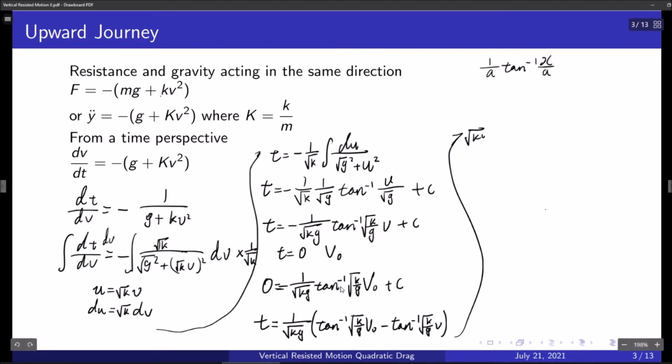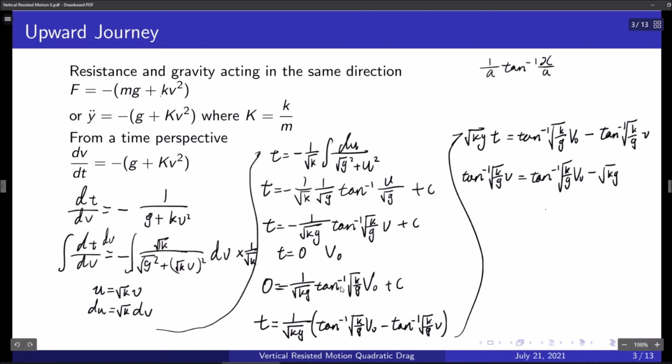So you can do this: square root of kg t equals tan inverse of square root of k over g v naught, minus tan inverse of square root of k over g v.